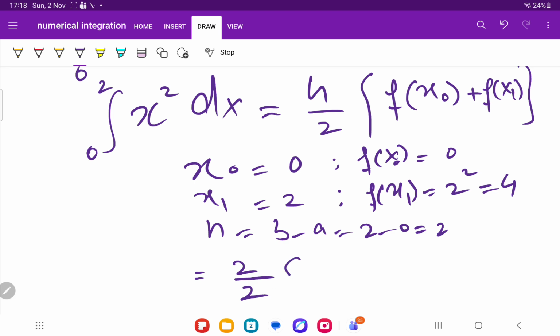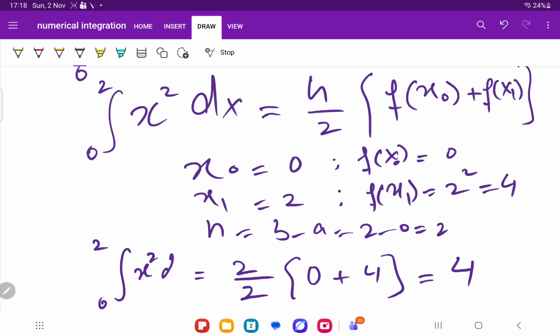Two by 2, f of x naught is 0 and f of x1 is 4, and the final answer is 4, for the integral from 0 to 2 of x square dx. Can we go back to the formula.